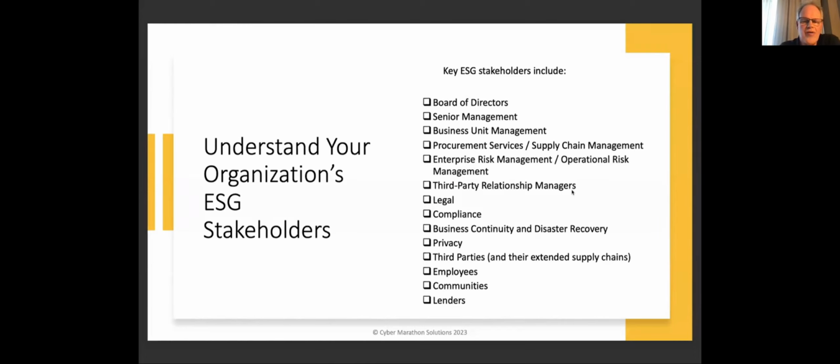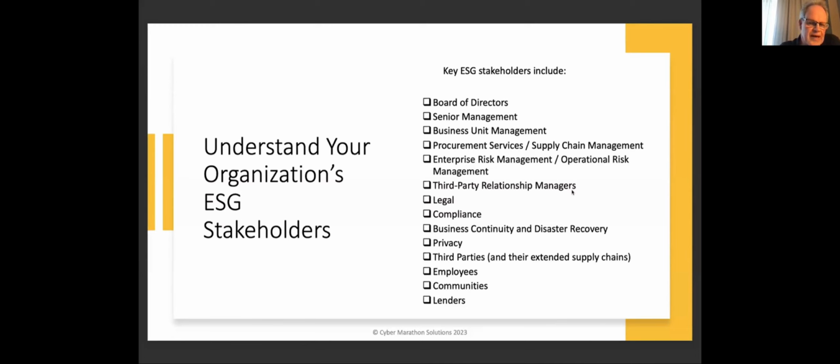So for me, when I'm looking at a third-party risk management program and building out the right level of controls, two of the most important stakeholders that I always have in the conversation are both the procurement and the enterprise risk people, because the enterprise risk people who are overseeing the third party program have the opportunity to help escalate issues and concerns that a third party might have, so that particularly in the ESG context, those are being reflected at the right levels of the organization.